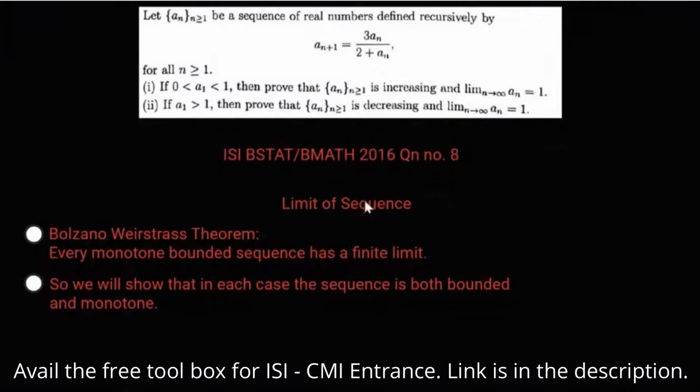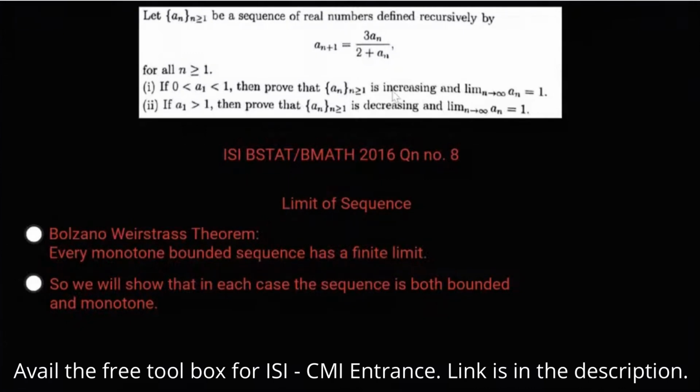In this problem we'll be using a very famous theorem without proof, the Bolzano-Weierstrass theorem, and it states that every monotone bounded sequence has a finite limit. That is, the sequence is monotone, either increasing or decreasing.